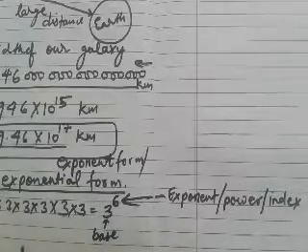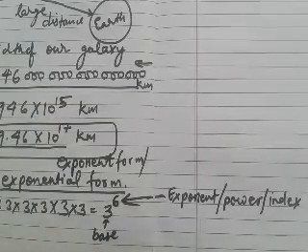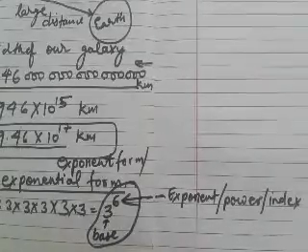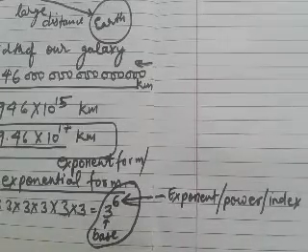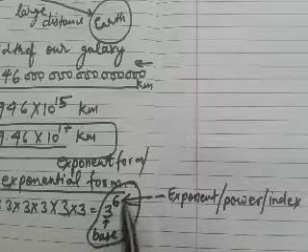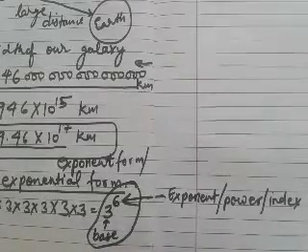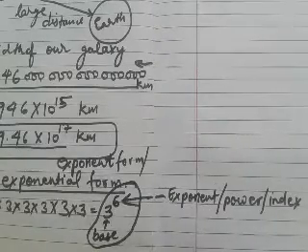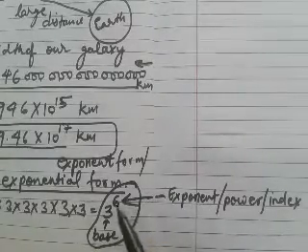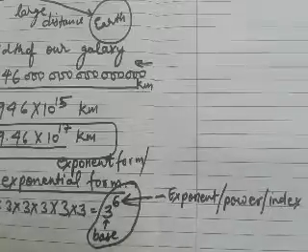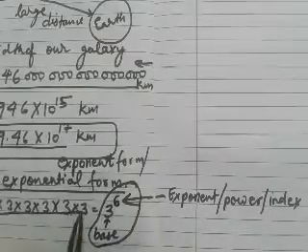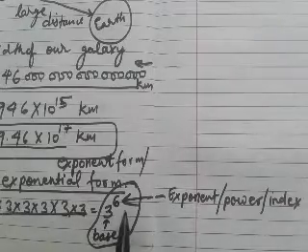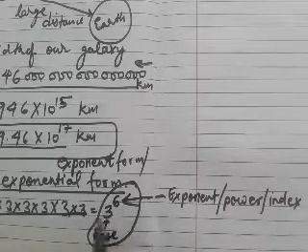So this form is called exponent form or exponential form, and by using this exponential form we can represent a large number in short form.